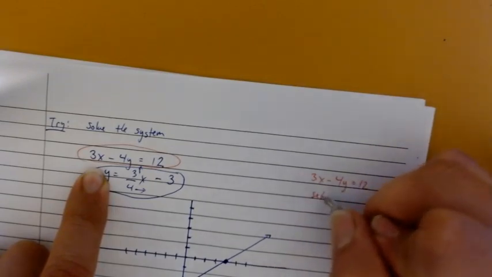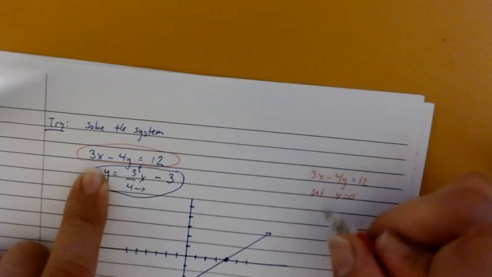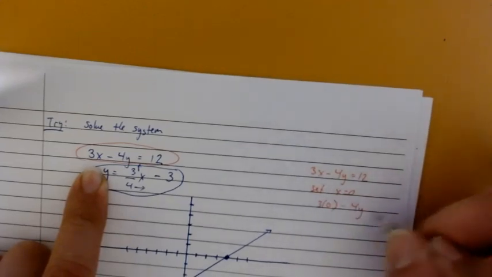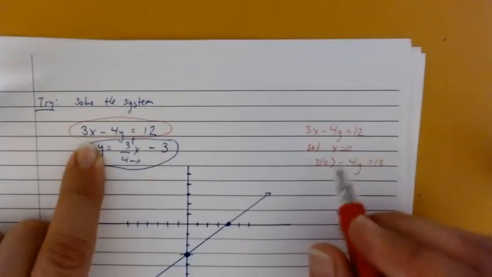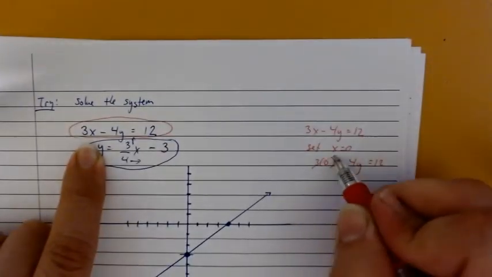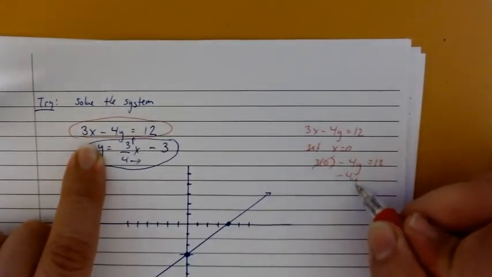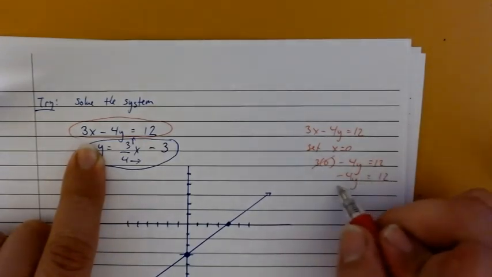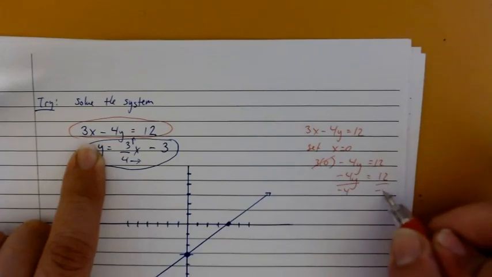If I set x equal to 0, that's going to be 3 times 0 minus 4y equals 12. Anything times 0 is 0, so that goes away, leaving us just minus 4y equals 12. Then we can go ahead and divide both sides by -4.